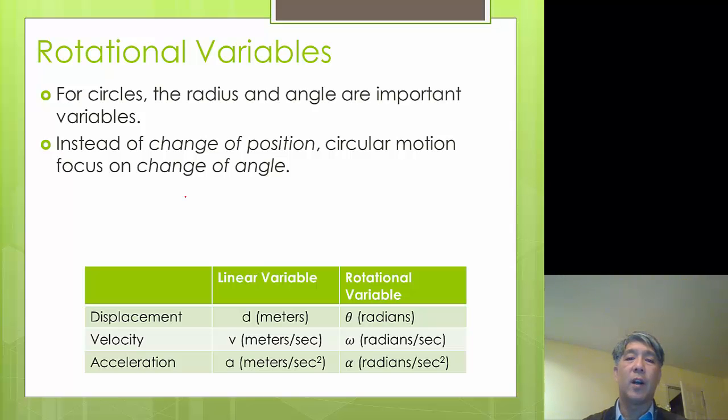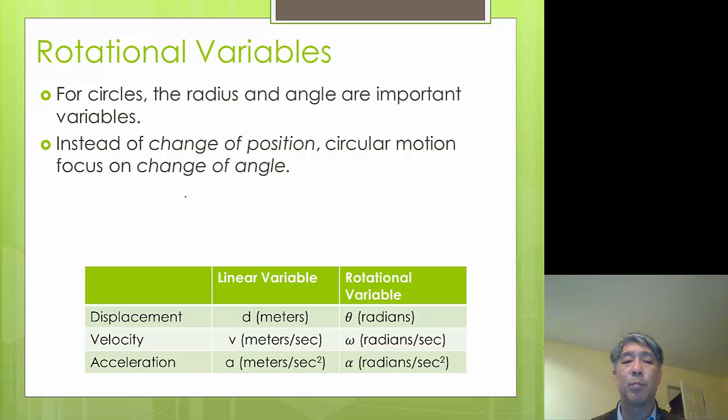So the rotational variables are what we're going to be using instead of our linear variables, as analogs to our linear variables. Because when we're moving in a circle, what's more important is the radius and the angle of the circle. Where are we on that circle? Those are the important variables.